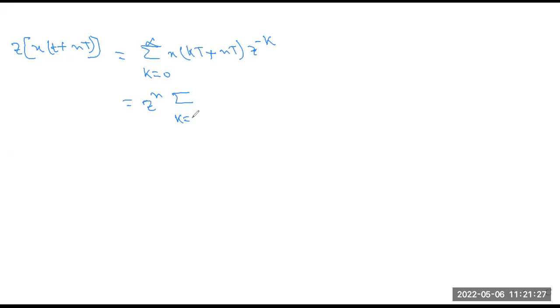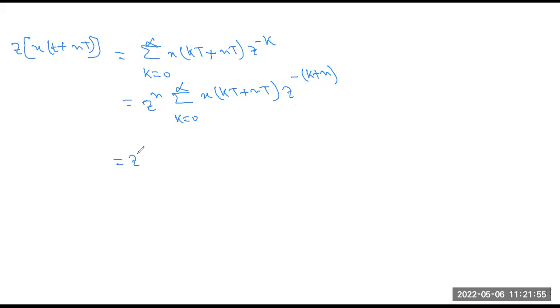Another summation, k is equal to 0 to infinity x of kT plus nT, and z to the power, that also changes, minus of k plus n.